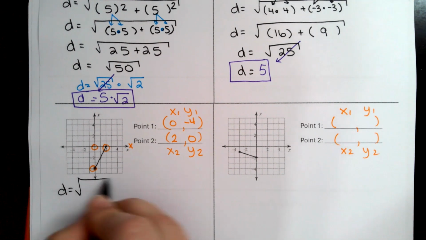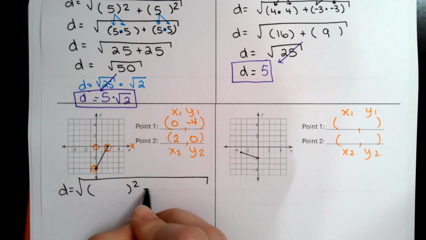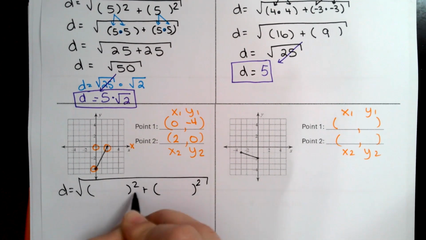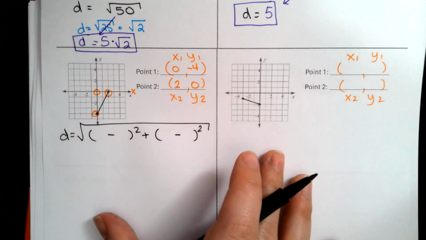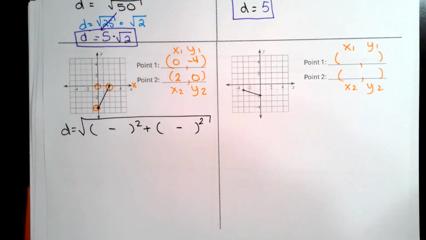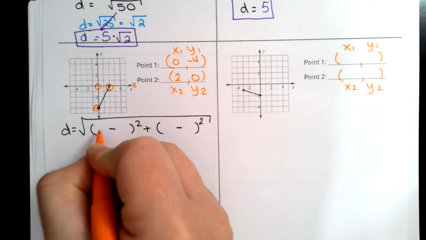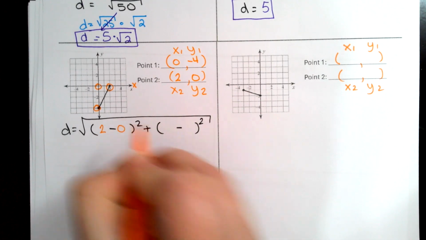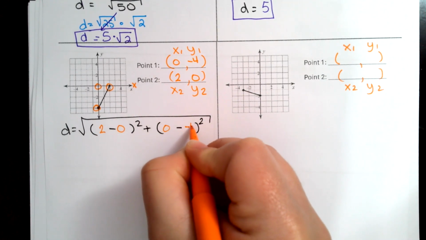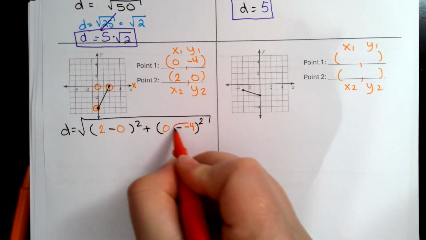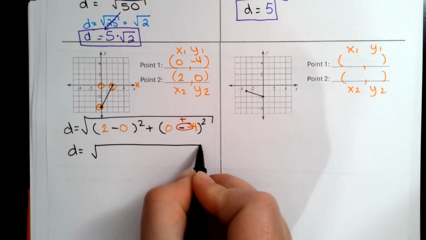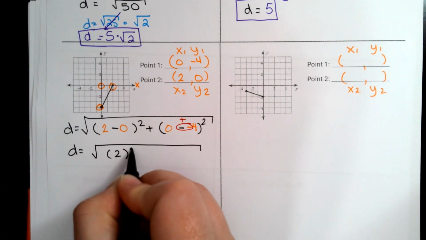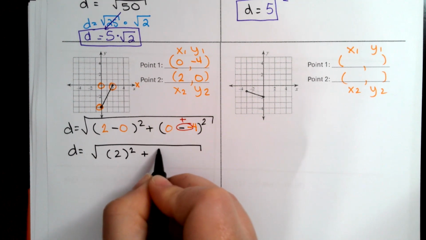Writing out our distance formula. Make sure there's a plus in the middle and minuses inside of your parentheses. All right, let's go ahead and start plugging in some numbers. x2 minus x1, y2 minus y1. We do have a double negative here. Let's make that into a plus. 2 minus 0 is still 2. 0 plus 4 is 4.